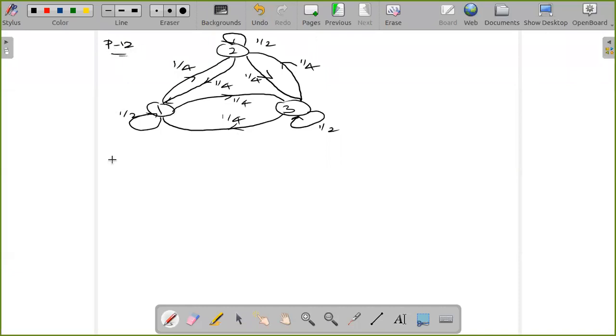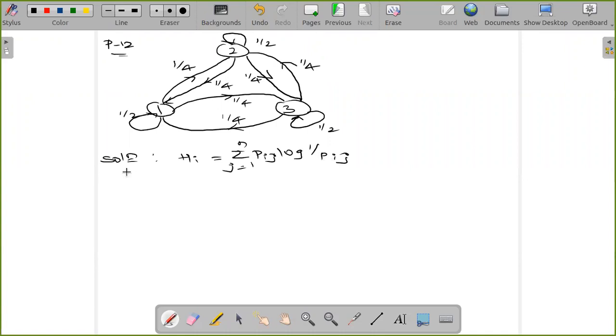Now how to find the entropy of each state? As we know, the formula is Hi equal to summation j equal to 1 to n, Pij log 1 divided by Pij. This is the formula to find the entropy of each state, right?